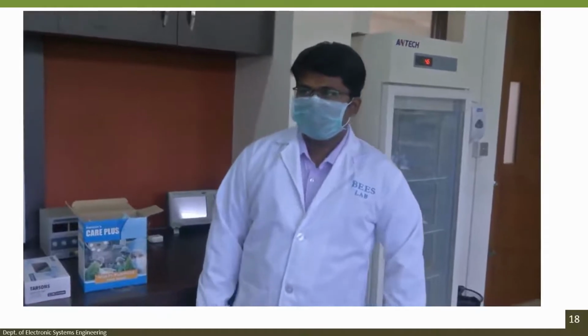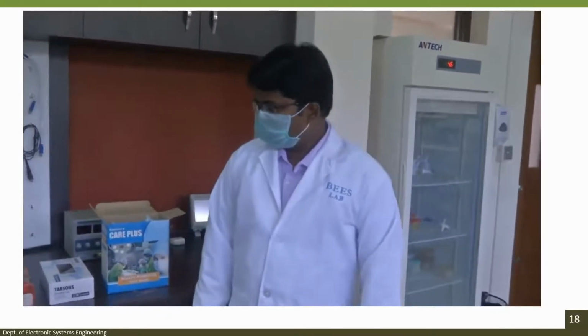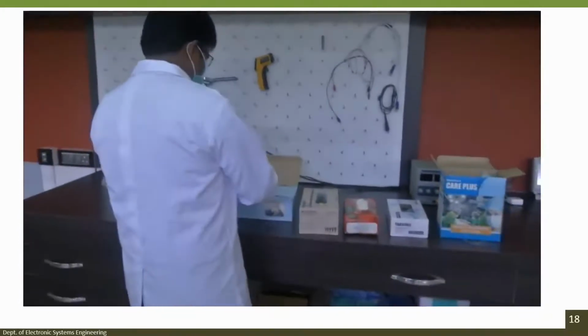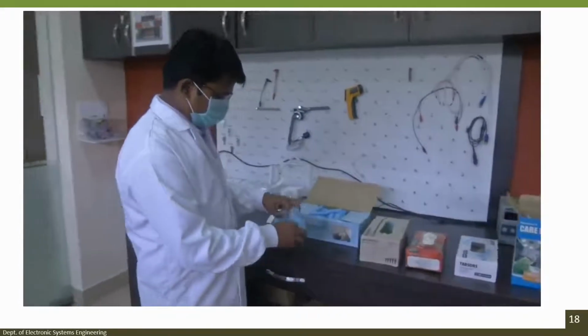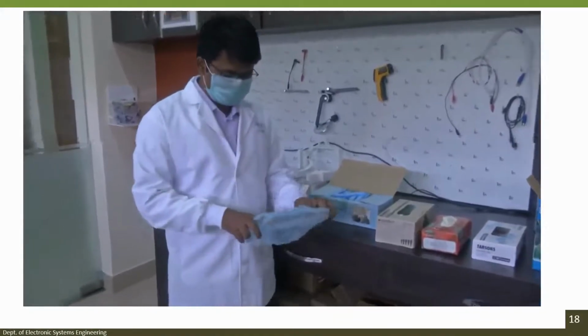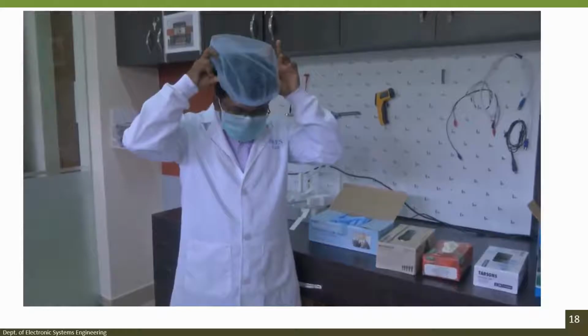You have to follow the right procedure while you're gowning yourself. Now that we have worn the face mask, let's see how he uses the hairnet and covers the complete head, so that there is no contamination due to hair fall.